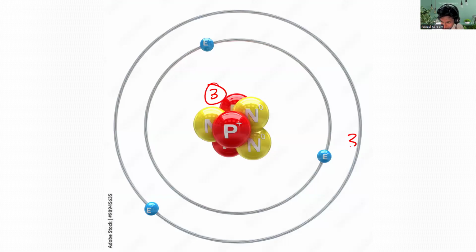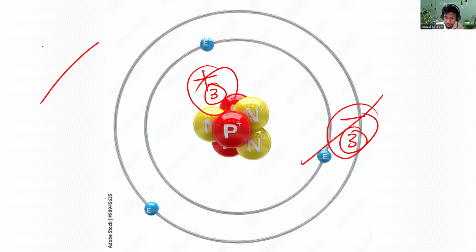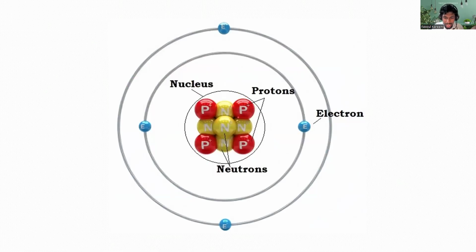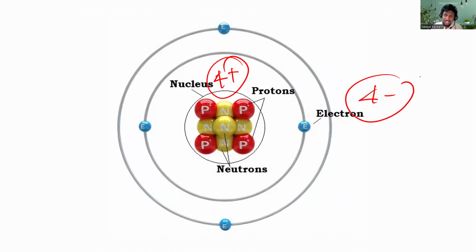Number of electrons is also 3. So this is minus 3 and this is plus 3. So plus 3 and minus 3 got cancelled. And another example, here we have 4 protons, 4 plus charge, and electrons, that is 4 minus charge. So 4 minus and 4 plus, they got balanced.